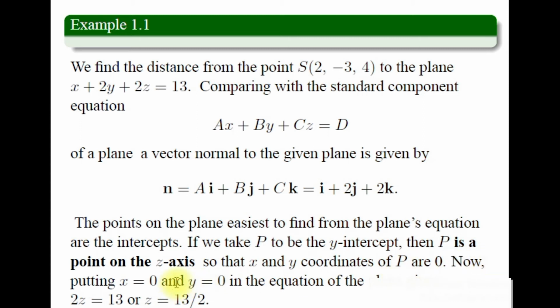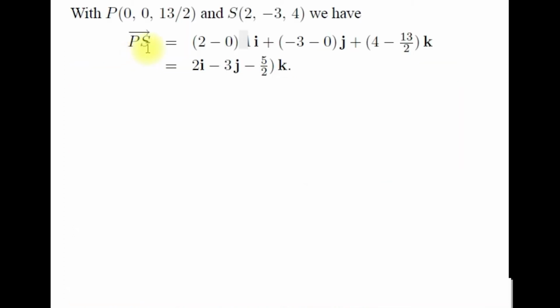Now putting x = 0 and y = 0 in the equation of this plane, we get 2z = 13, z = 13/2. Hence, a point on the plane is (0, 0, 13/2). Vector PS is the position vector of S minus position vector of P. So, (2 - 0)i + (-3 - 0)j + (4 - 13/2)k. On simplification we get 2i - 3j - 5/2 k.